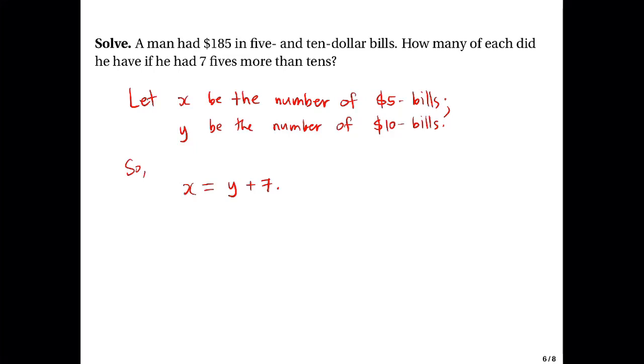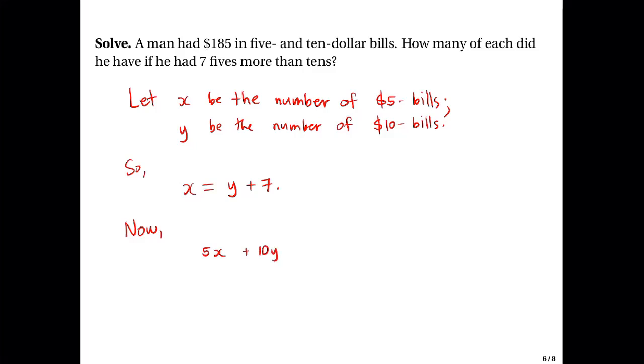Now, he had a total of $185. So, you have your $5 bills times the number of bills you have. So, that's your 5x plus the $10 bills times the number of bills you have.